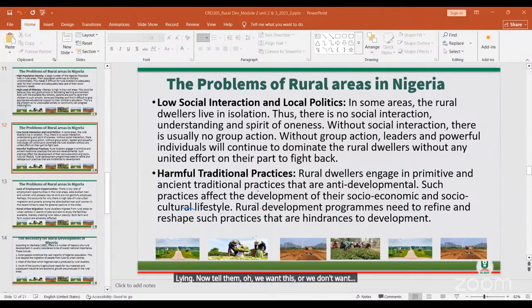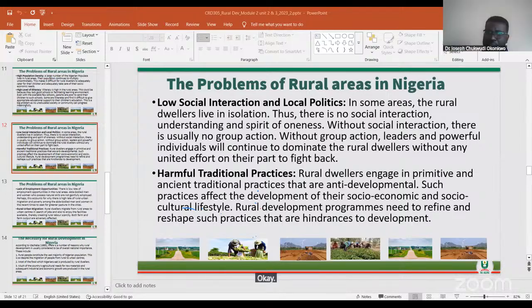But if they really want it, after having a heart-to-heart, it is the elders of the community that can pass the message to their host community, because you cannot just go to them and tell them what to do. They won't listen to you. But when the elders communicate to them in the language they will understand, I think they will also try to embed change in their host community.